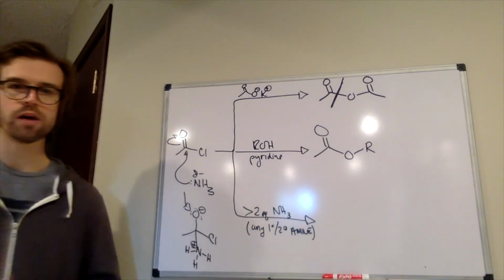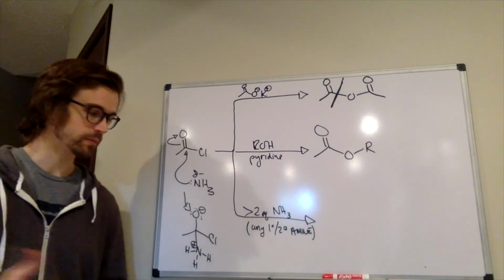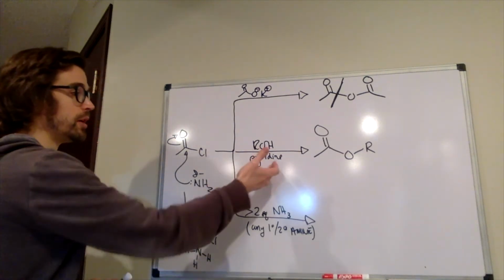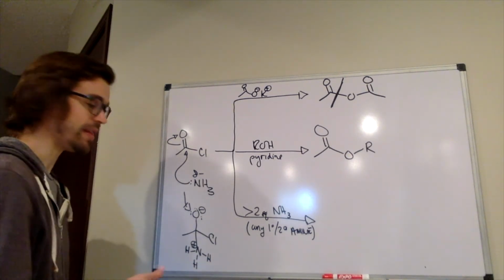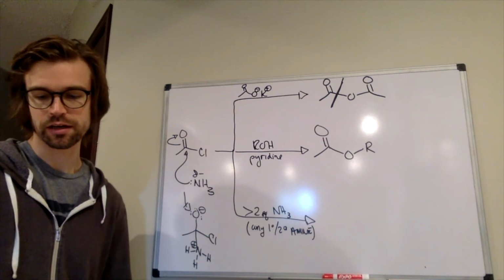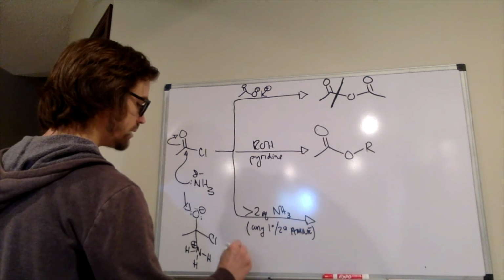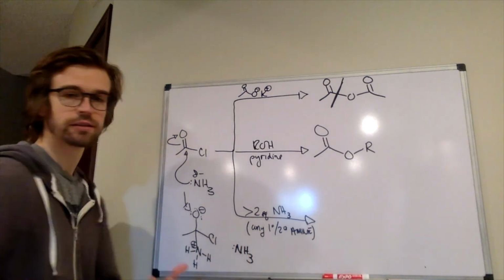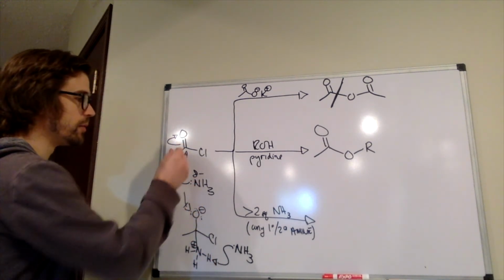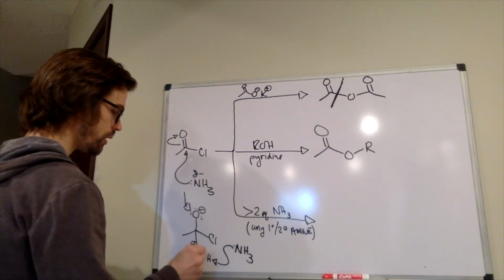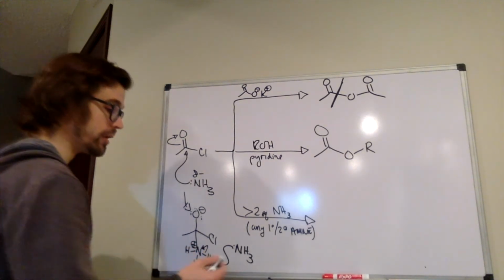And what might another equivalent of an amine do at this point? Well, we saw pyridine act as a base to deprotonate the intermediate, and that same thing is likely to happen here. These hydrogens are relatively acidic, and NH3 is a moderate base, so if one equivalent of an amine adds in, another equivalent of an amine is going to act as a base to deprotonate that intermediate.